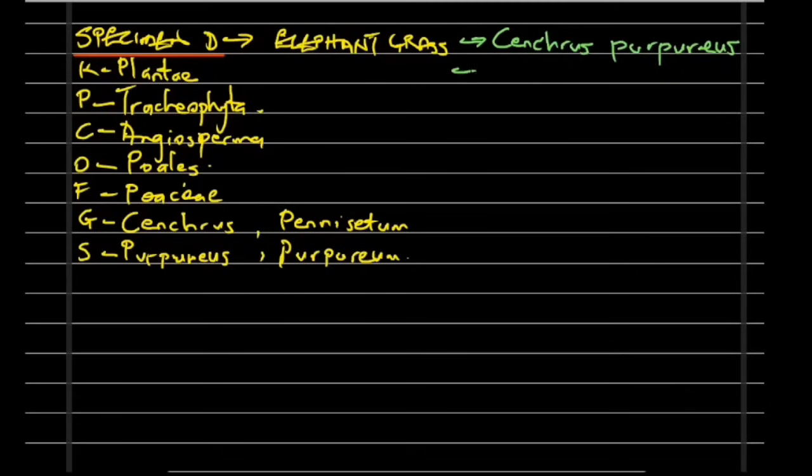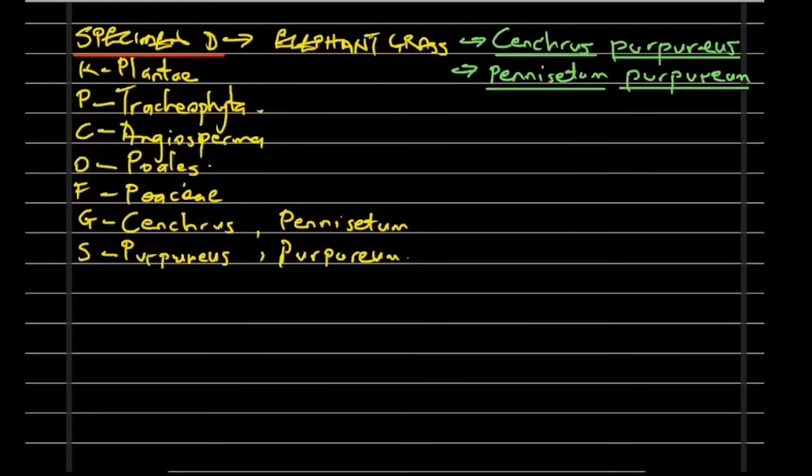And if it is the second one that you want to use, it is going to be called Pennisetum purpureum. That is how you will name them. So either of these two is what we call the elephant grass.